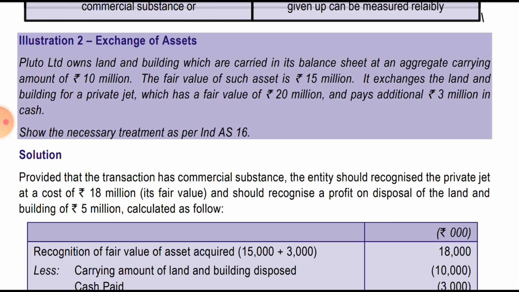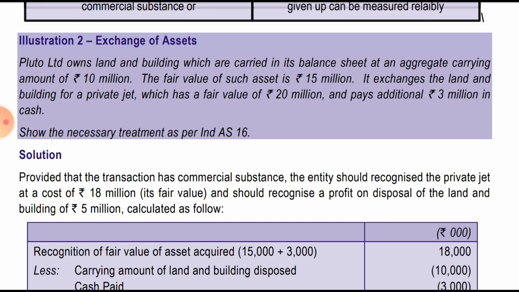It exchanges the land and building for a private jet which has a fair value of 20 million and pays 3 million in cash.